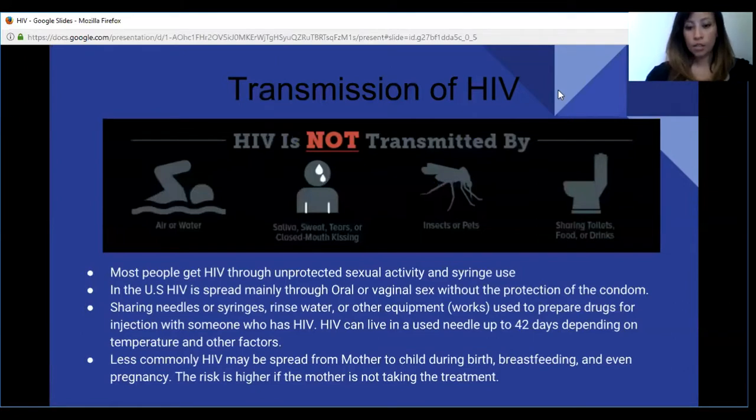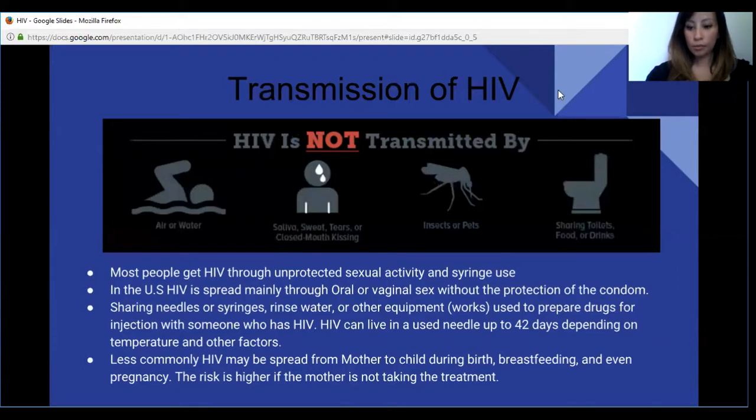HIV can live in a used needle up to 42 days depending on the temperature and other factors. Common drug users are at a higher risk of contracting the HIV virus because they tend to use the same needle for drugs, and a person infected with HIV may use that same needle and pass it on to someone else.